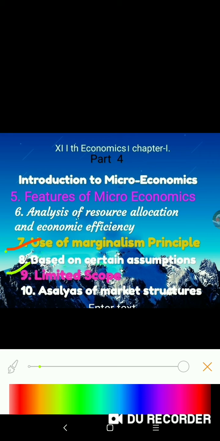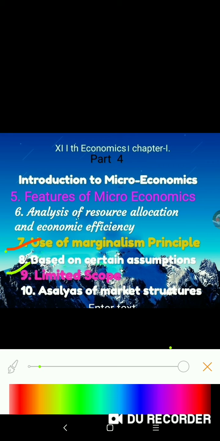The assumptions make the analysis simple, but at the same time, it neglects the interdependence between economic variables. The assumptions make the theory static and neglect the changing economic world.